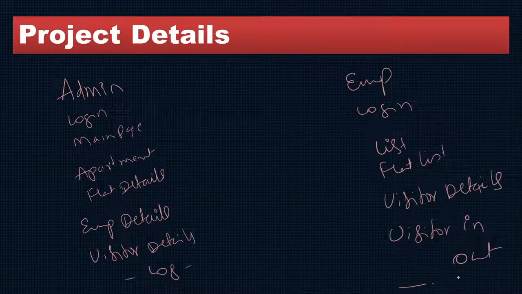Then they can also see the report. So these are the options which are needed, and if you make this, all the people who come in and go out can be recorded. From this you can have a complete track of all the visitors who visited the apartment. I'll show a demo of how the whole concept works.